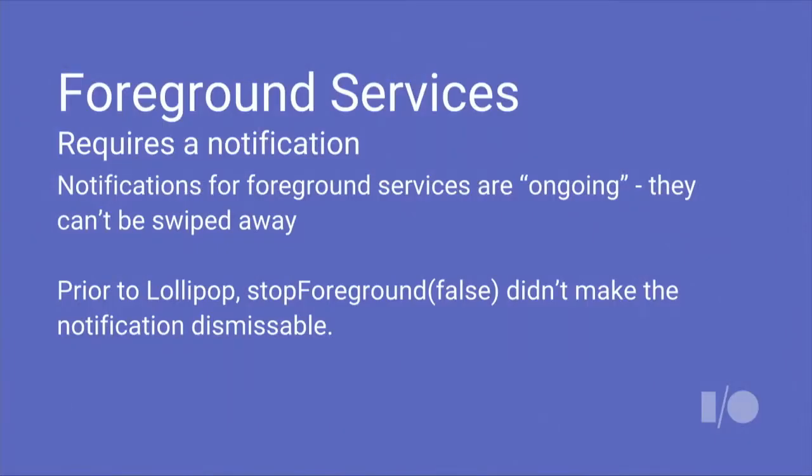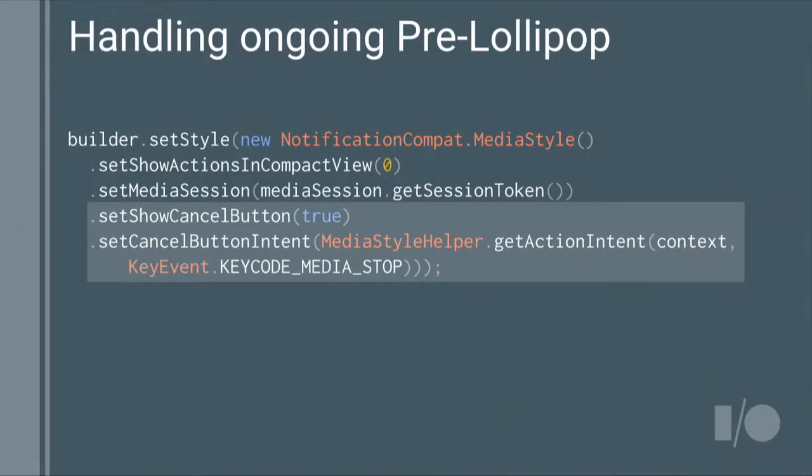And it turns out there had been a bug for like 6 years where stop foreground false didn't actually make it dismissible. Even though that was no longer a foreground service and the notification was still there, it would still be ongoing, and you still couldn't swipe it away. So we fixed it as part of media style, basically by adding a little X in the corner.